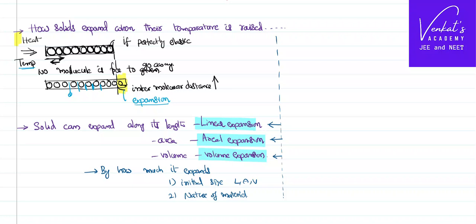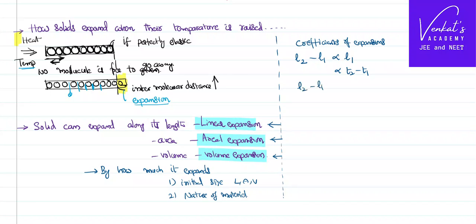To measure linear expansion, areal expansion, and volume expansion, we have coefficients of expansion. If L1 is the initial length and L2 is the final length, the increase in length is directly proportional to the initial length and also directly proportional to the change in temperature.